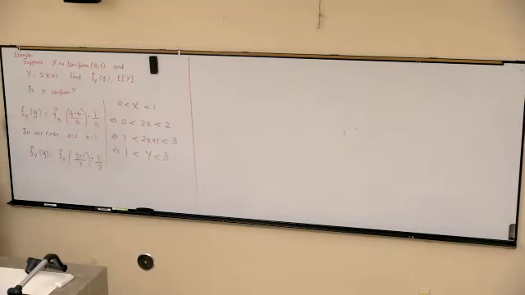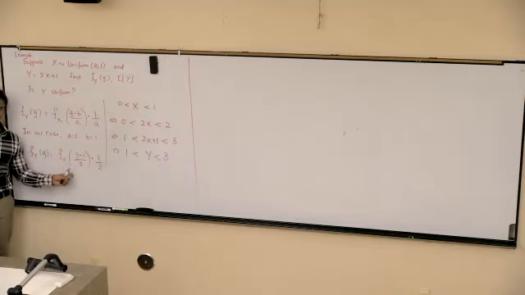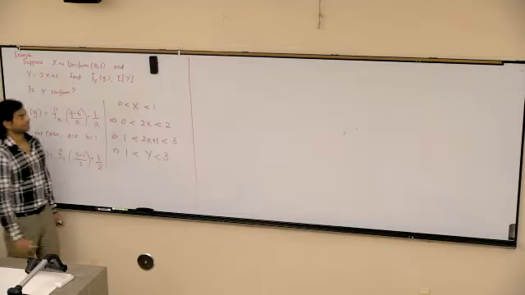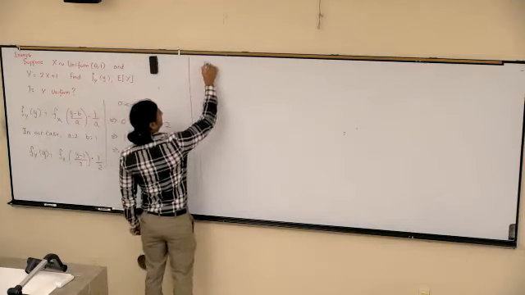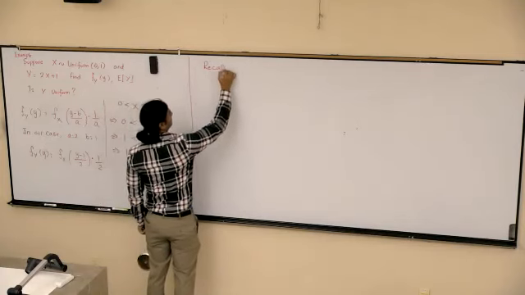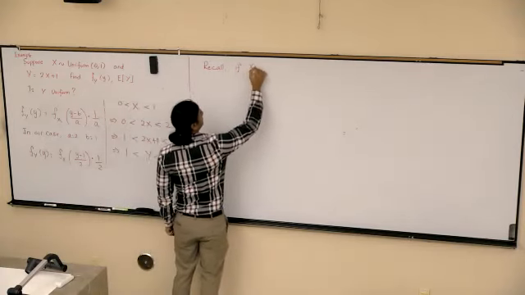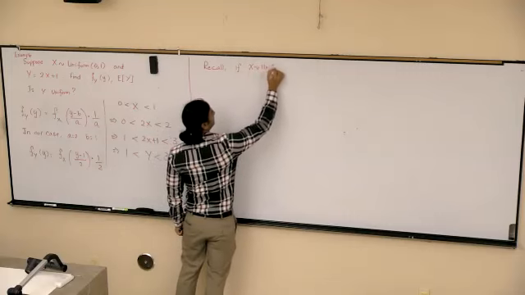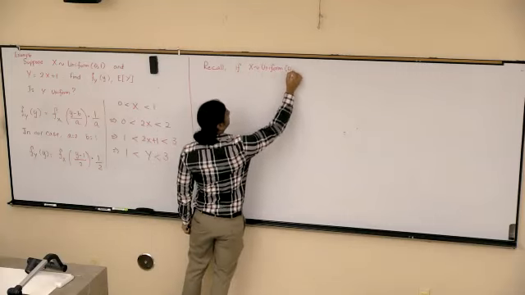Good. So what is the answer? Well, in order to find the PDF of y, I've got to know the PDF of x. What is the PDF of x? You should know this by now.